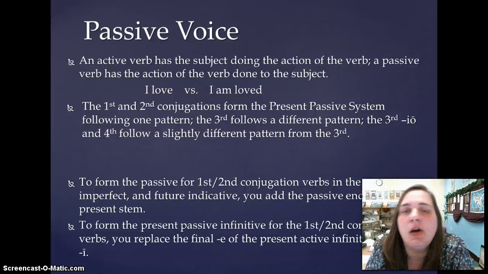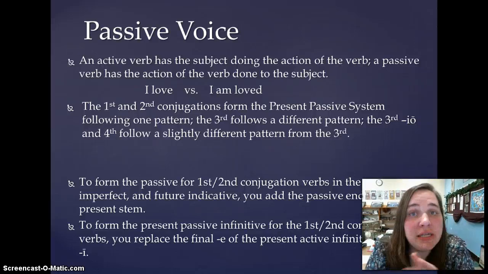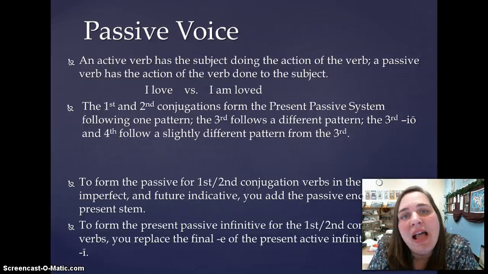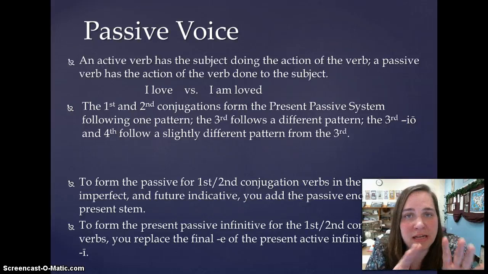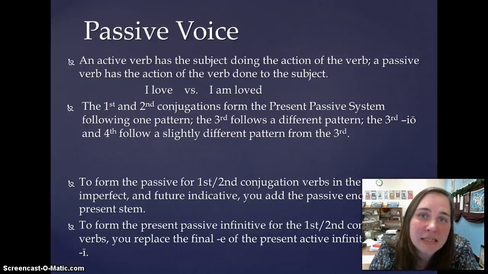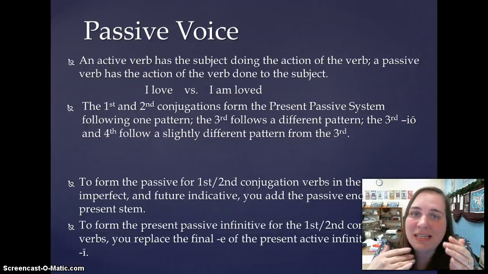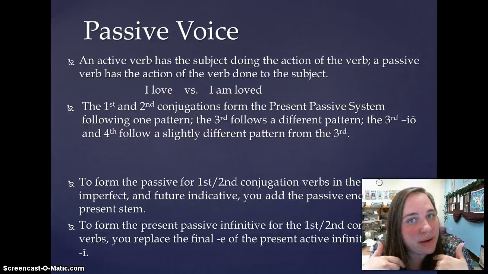Okay. Now, the first thing we need to discuss is what is the difference between an active verb and a passive verb. Okay. So when it comes to voice, we have two options. We have active and passive, and they're going to function in different ways. An active verb is a verb where the subject of the verb is doing the action of the verb, okay? Whereas for a passive verb, the subject of the passive verb is having the action of the verb done to it, okay?